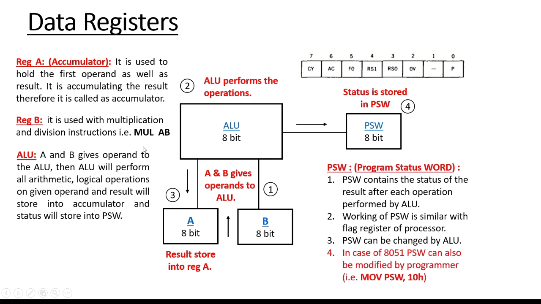Each bit can be individually tested in your program, and accordingly the microcontroller can take some decisions. Again, the ALU can change the content of the PSW using move instructions, like MOV PSW, immediate data. So PSW is also accessible to the programmer.